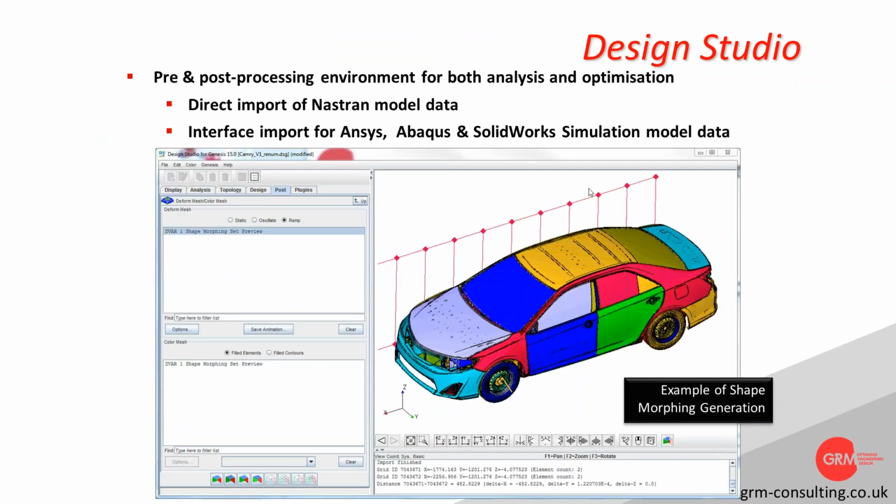And the interface for Genesis is, of course, Design Studio, which has now matured fairly well since its first release, I think around about Genesis version 8. And it's an area where GRM continue to support the development with our plugins to provide specific workflow tools and processes for particular applications of Genesis, such as composites.